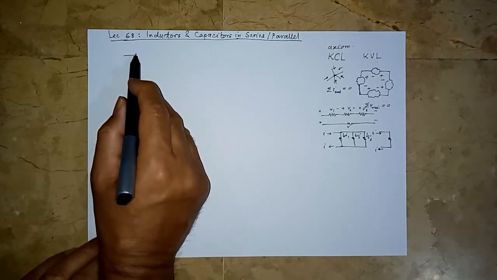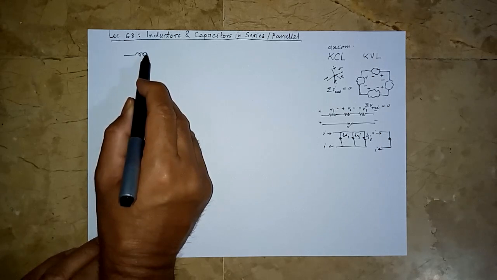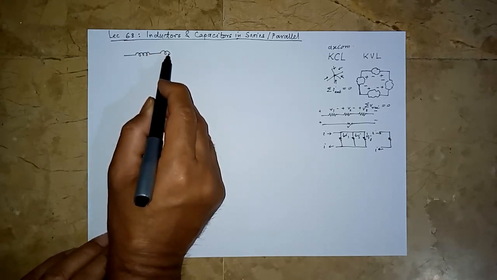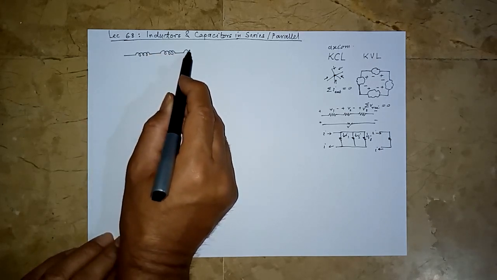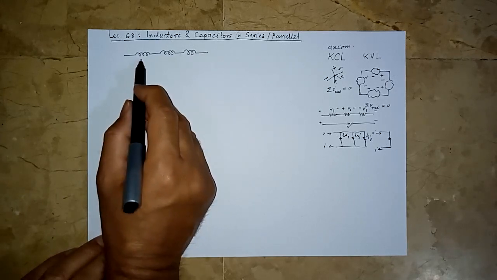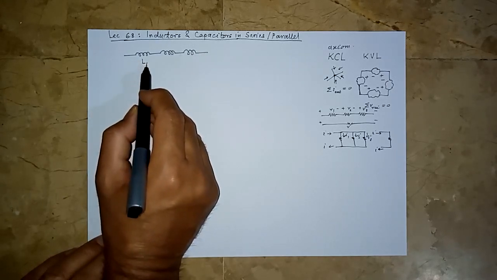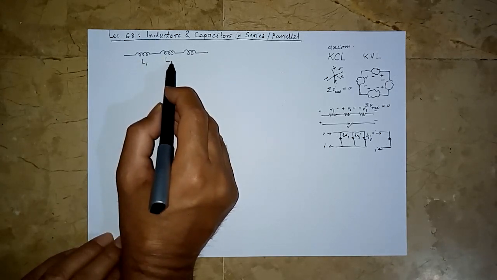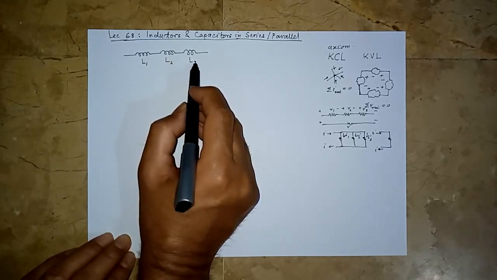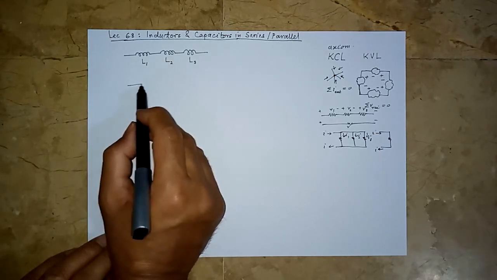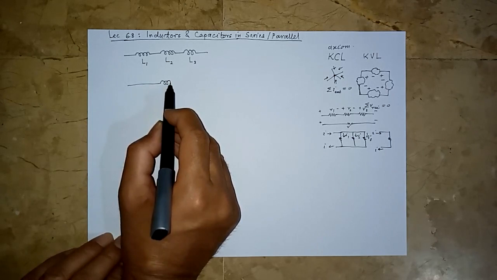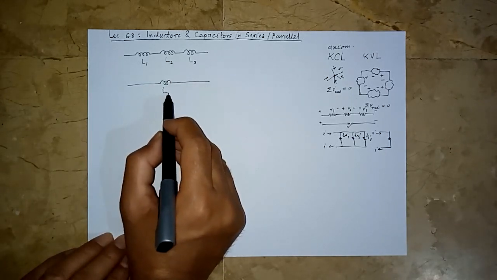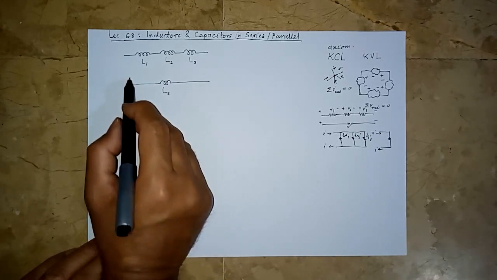So for example, suppose we have several inductors in series, and our objective is to find the equivalent inductance. This inductor has an inductance of L1, this inductor L2, and this one L3. Our task is to find the equivalent inductance in series, let us say Ls, S for series.